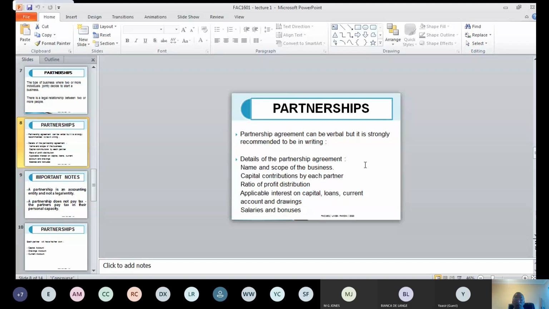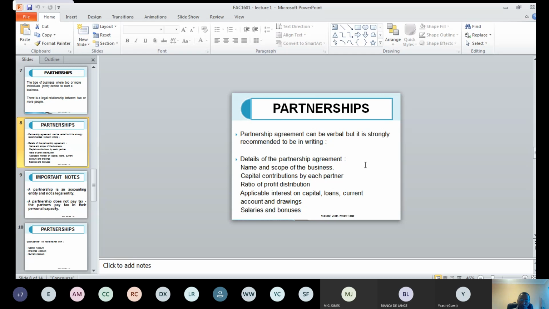Information that you will get in your partnership agreement will be the name and the scope of the business, the capital contribution of each partner, how much each partner brings to the party, what the ratio of the profit distribution is, how the profit will be divided amongst the partners, and what interest on capital the business will pay the partners.